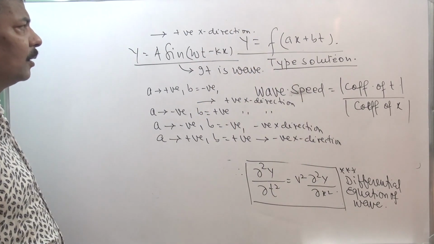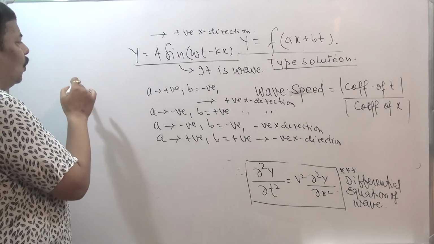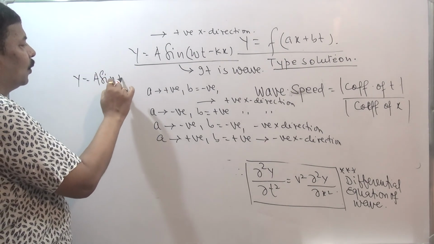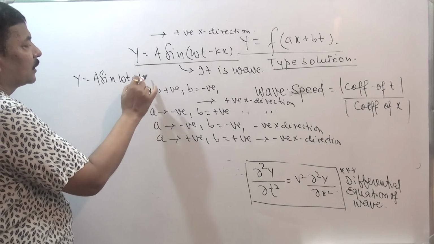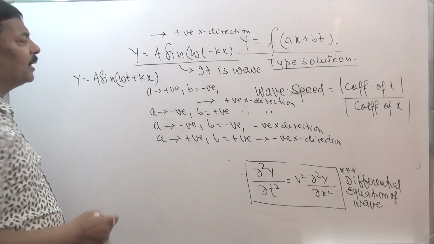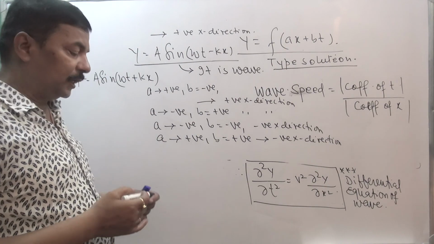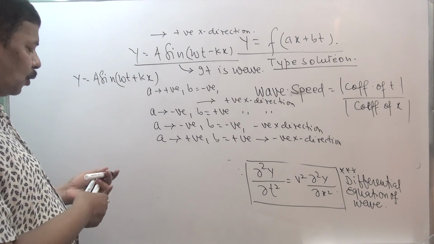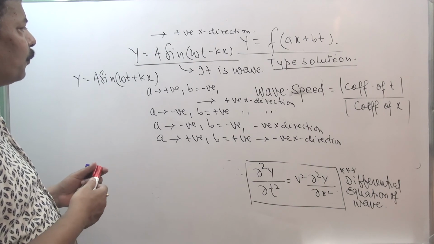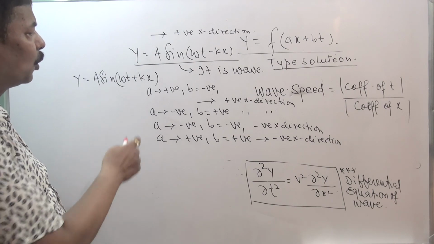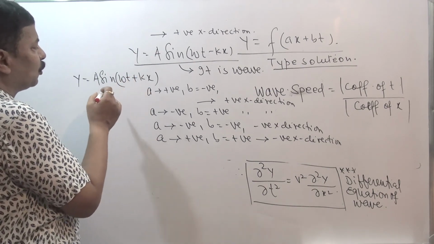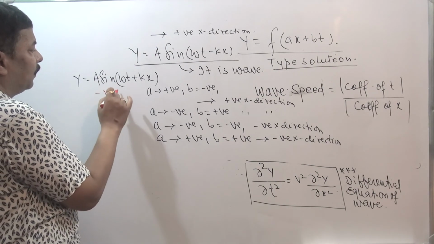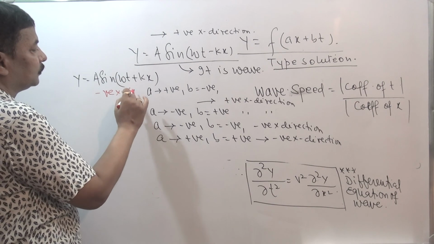If I take the example y is equals to a sine omega t plus kx, then you will observe here the coefficient of t and coefficient of x are both positive. That means it is moving in negative x direction.